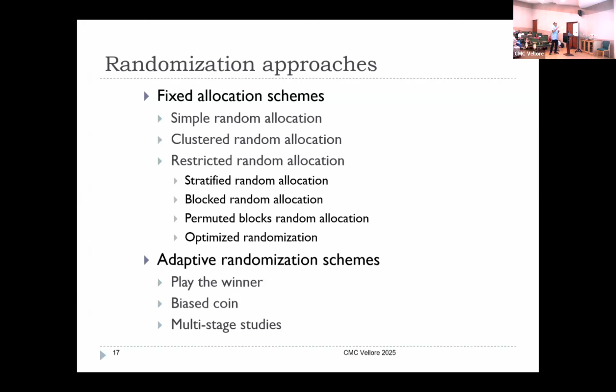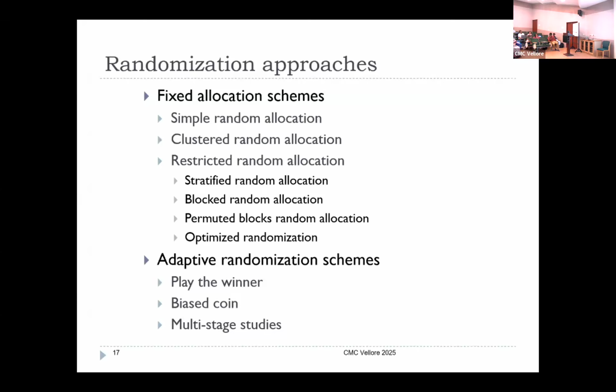So when we randomize, we have multiple ways of doing it. We have what's called fixed allocation schemes. Fixed meaning that before you start the study, you settle on which way you're going to do it, and you don't change it. You don't have the option of changing it in the middle of the study. Then, more recently, people are doing adaptive randomization schemes.